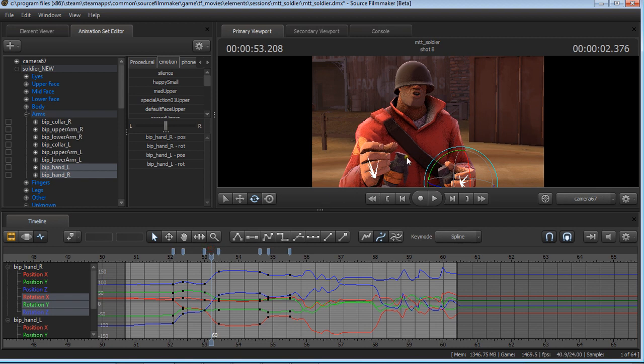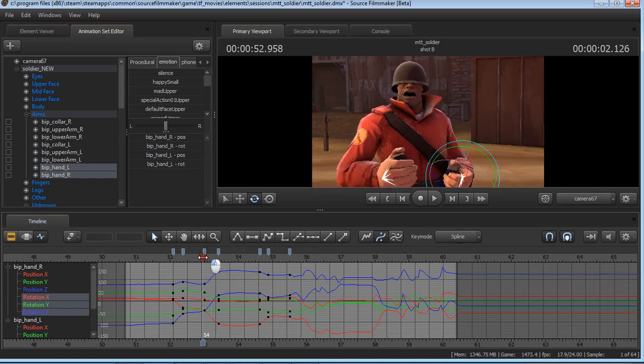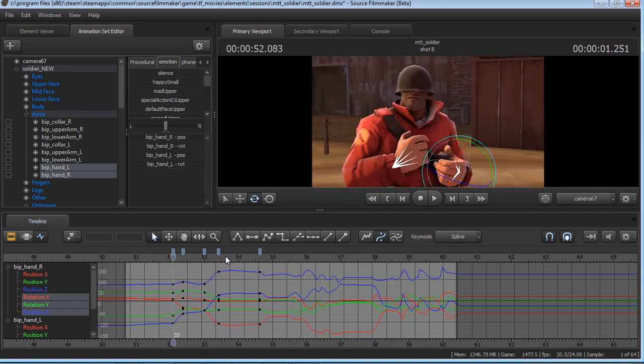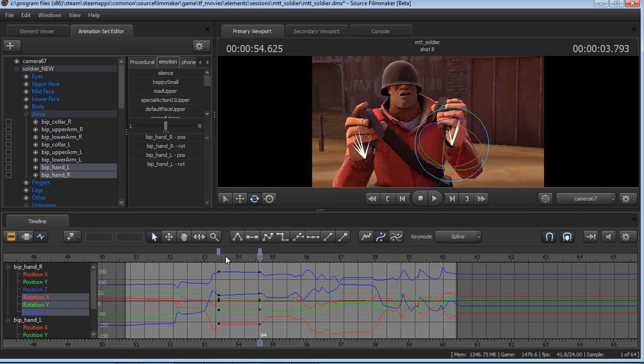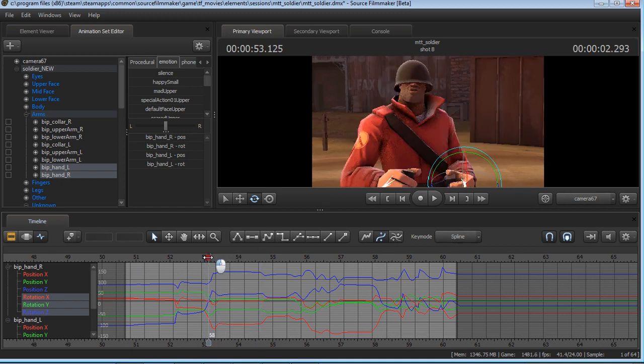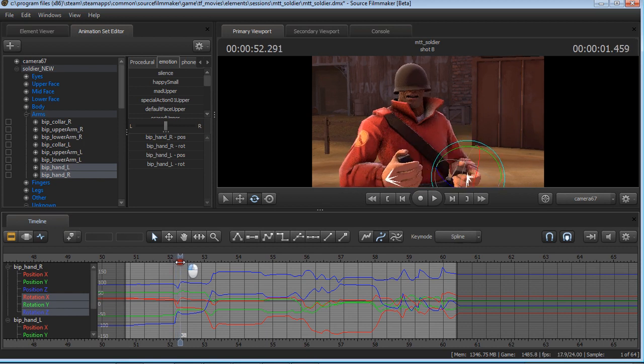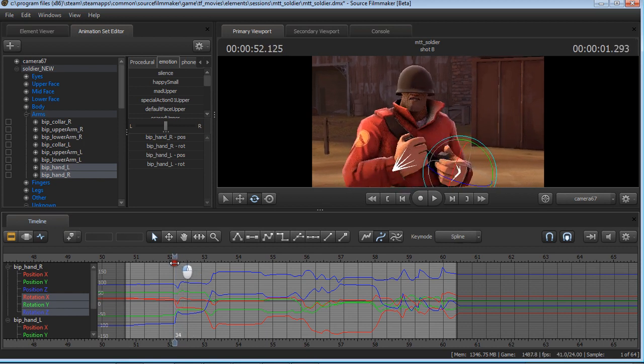You can see that they counter-animated the hands to not follow a natural pose-to-pose motion, to give it some more oomph. And that's what we call an in-between. So you've got this little in-between where they come down, and then you'll notice, for example, this hand comes off to the right and then goes to the left.